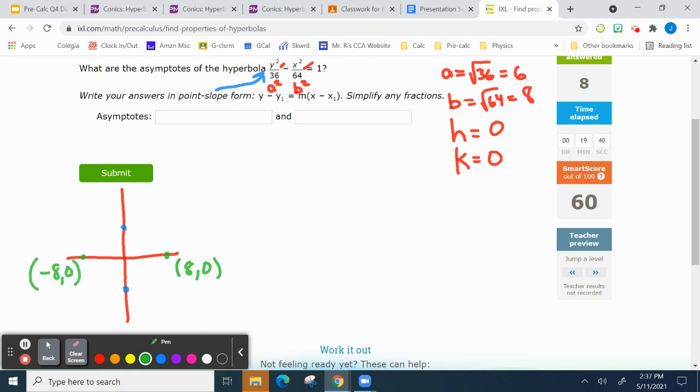And the a points are (6, 0) and (-6, 0). That was supposed to change color. And those are going to tell us where the corners of the box are. And the corners of the box are going to give us the line that we need. Let's get another color here. How many different colors can I possibly use?